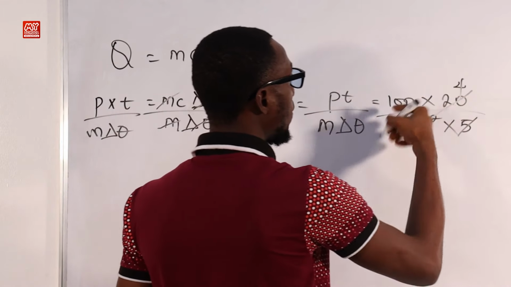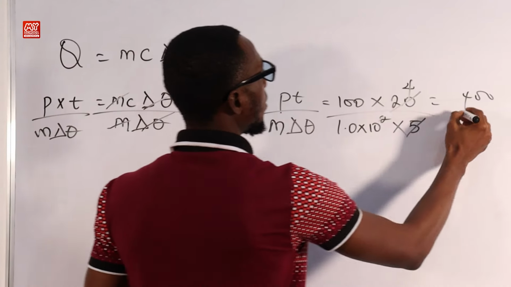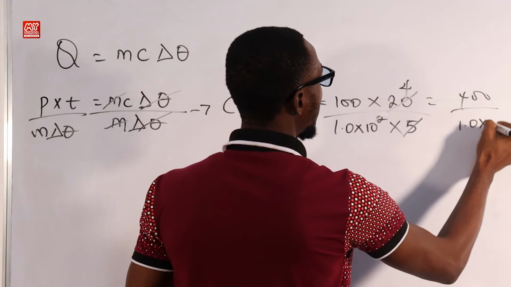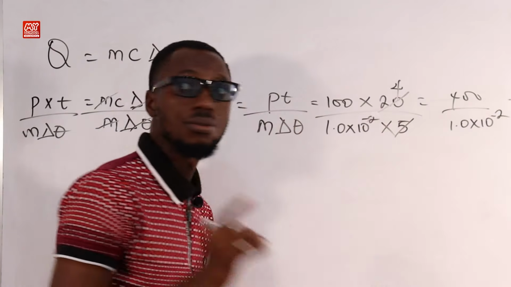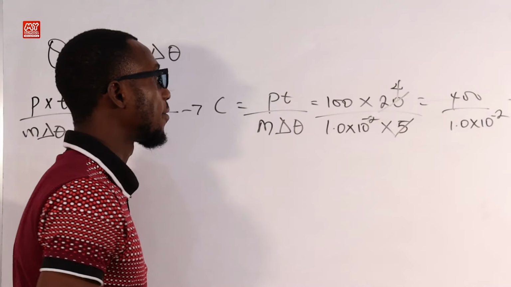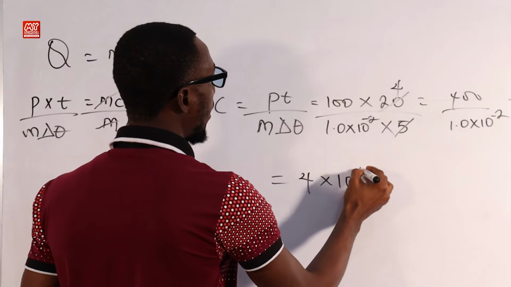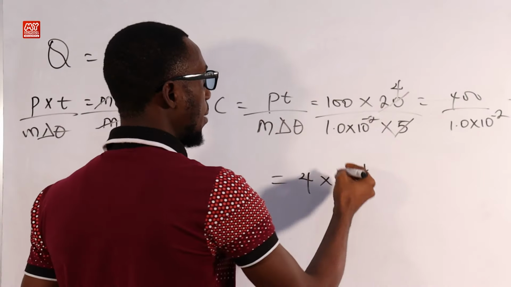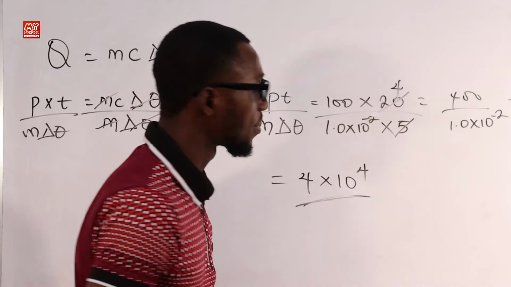So 100 times 20 over 5 is 400, which divides 1.0 times 10 raised to the power minus 2. When you divide this, what you should have is 4 times 10 raised to the power 4. Yes, that is what you should have, 4 times 10 raised to the power 4.